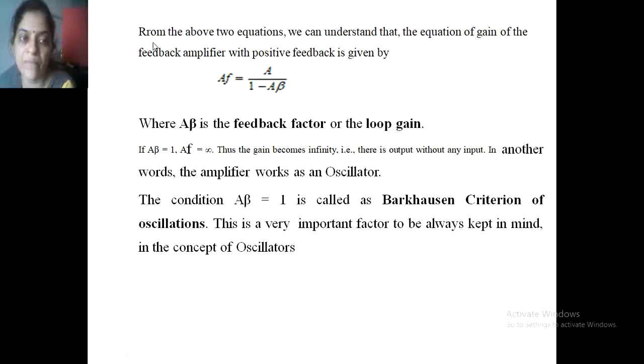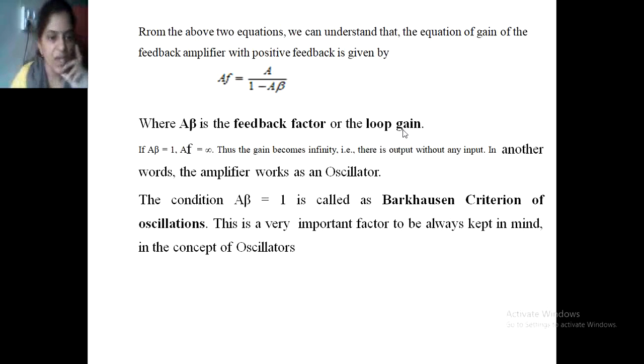From the above two equations, we can understand that the gain of the feedback amplifier with positive feedback is given by AF equal to A divided by 1 minus A beta, where A beta is the feedback factor or loop gain.